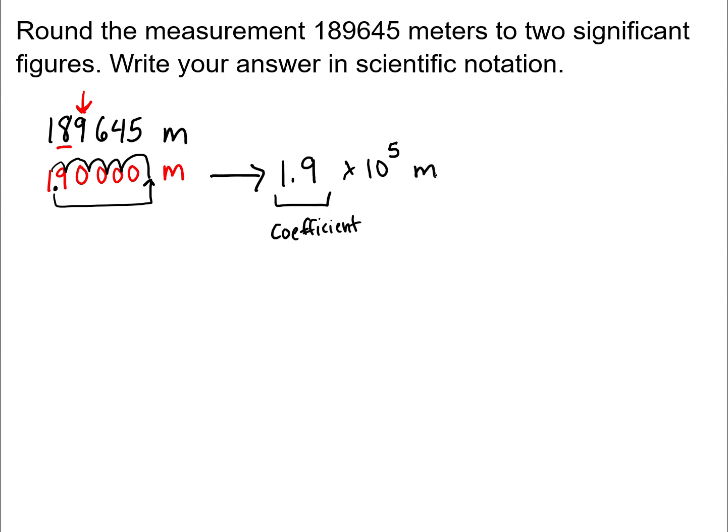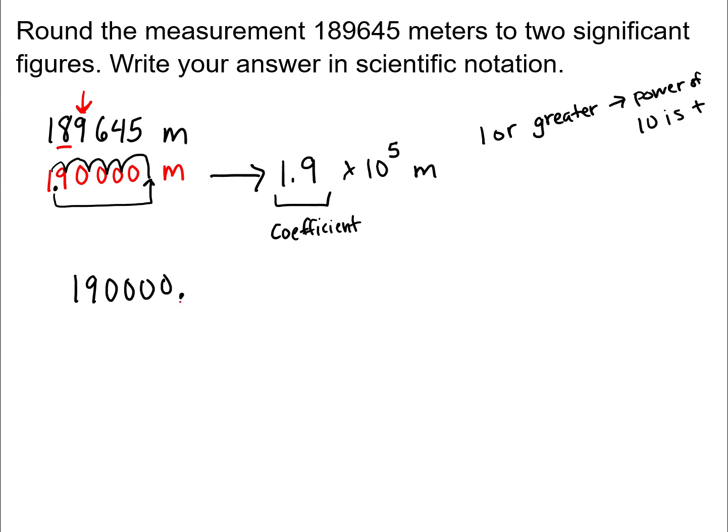Now it's positive in this case because the number we're dealing with is 1 or greater. It's 5 because I'll rewrite it. We have 190,000. There's an implied decimal point at the end of this number.